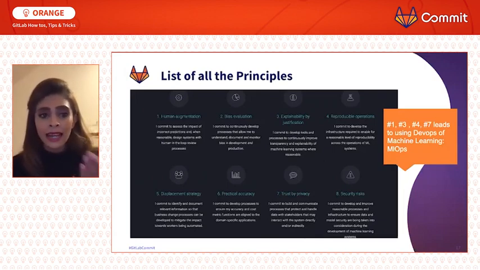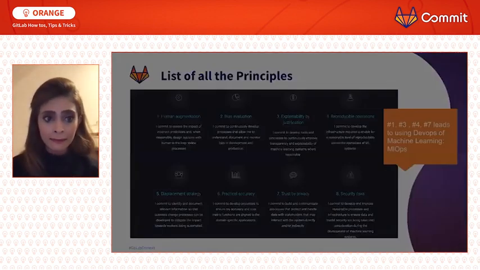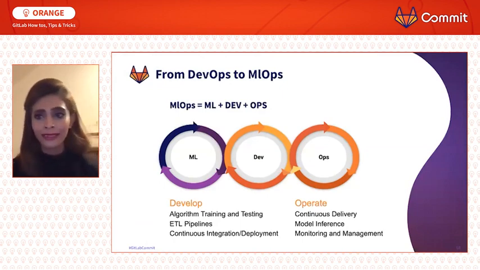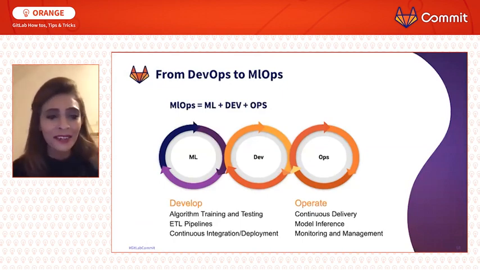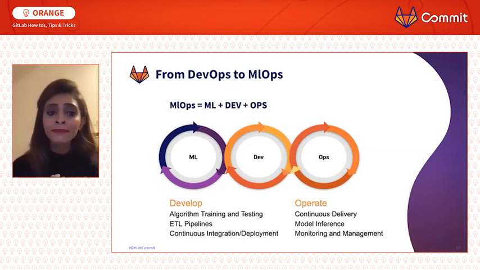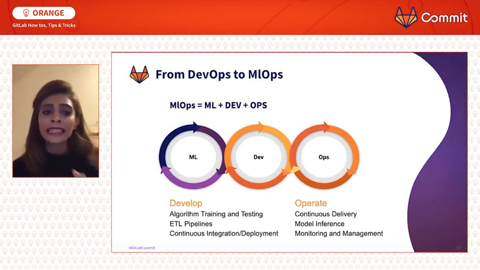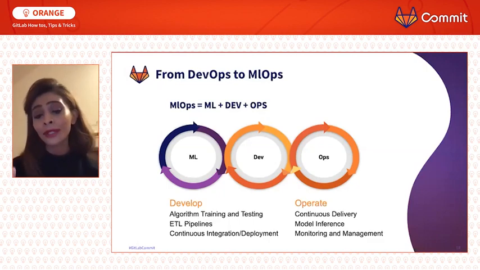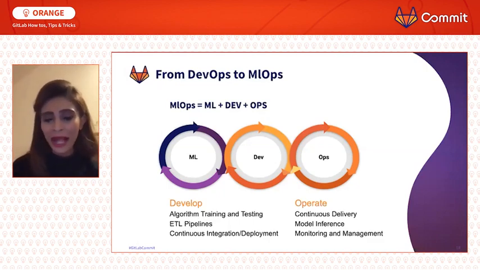And that goes through those principles of MLOps, leading to this whole triple infinite loop of ML DevOps, where the DevOps part of the ML is a little bit different to traditional DevOps, where it also looks into the algorithm training and testing, the pipelines of the model, as well as the integration and the model inference and model management part of it as well.